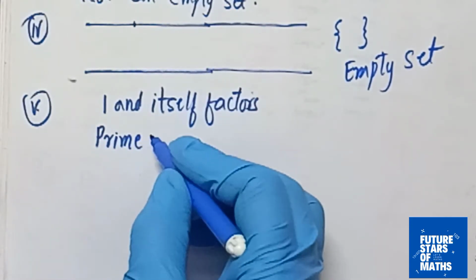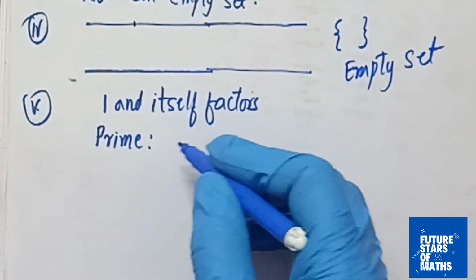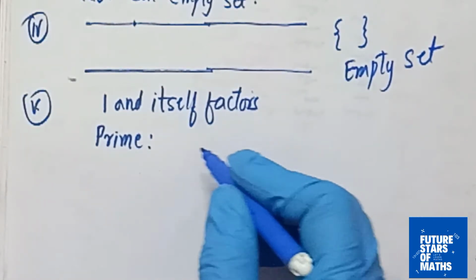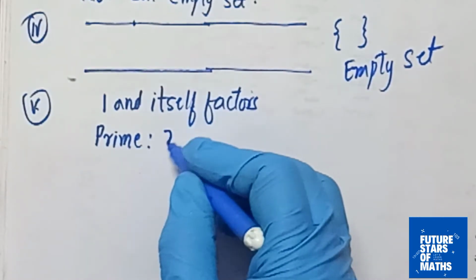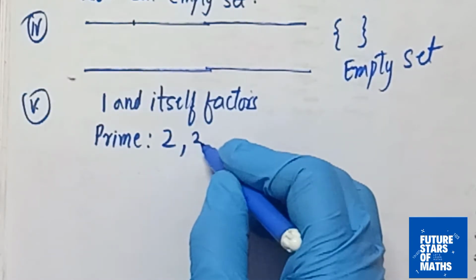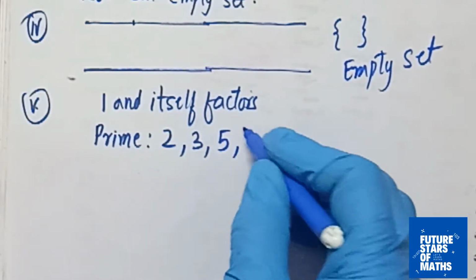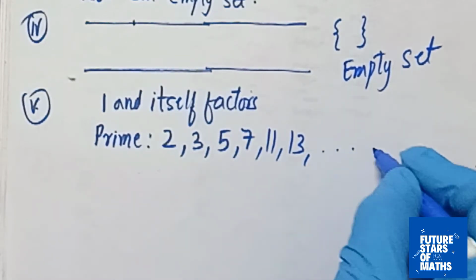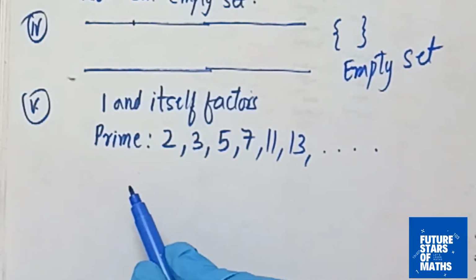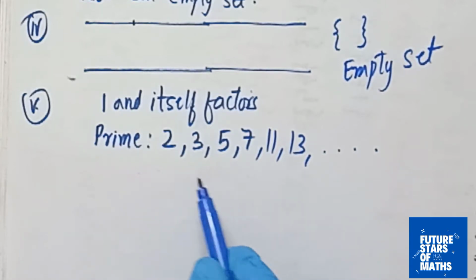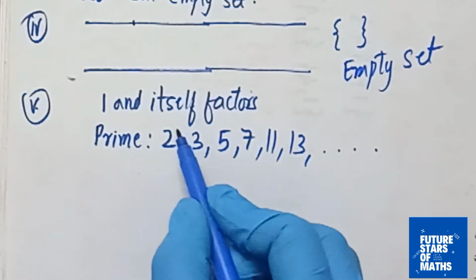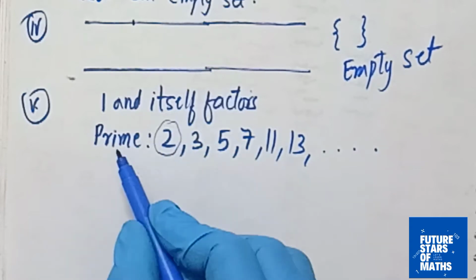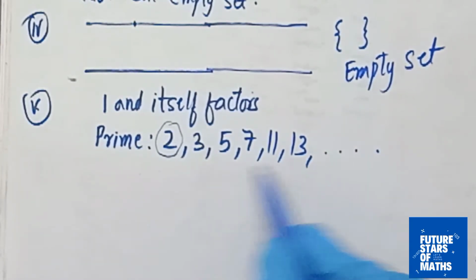You should remember 1 is neither a prime nor a composite number. So prime numbers start from 2. Then 3, then 5, 7, 11, 13 and so on. Now you should note one thing. Among these prime numbers, leave 2 aside and check the other numbers.